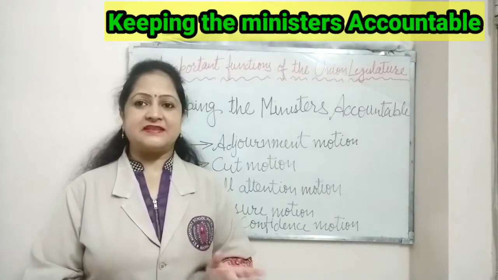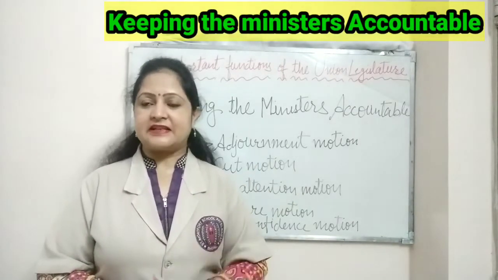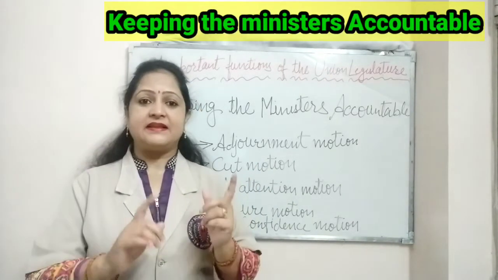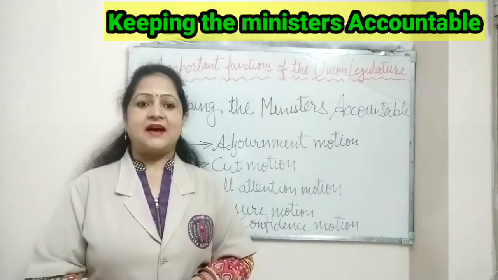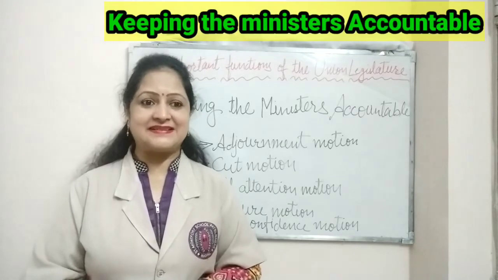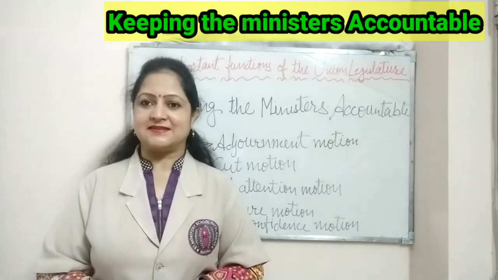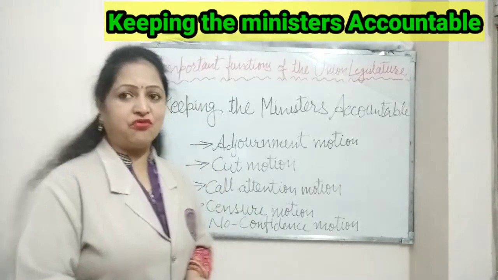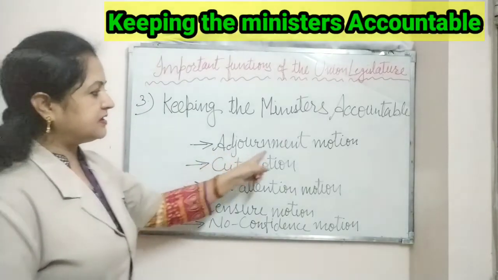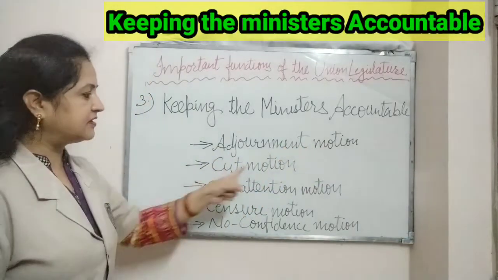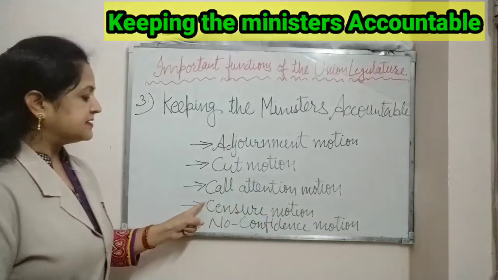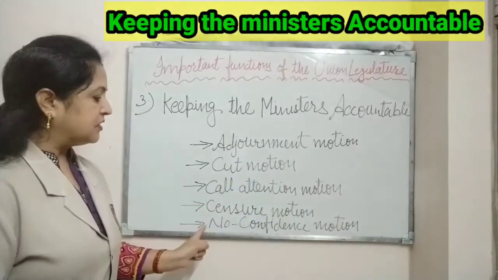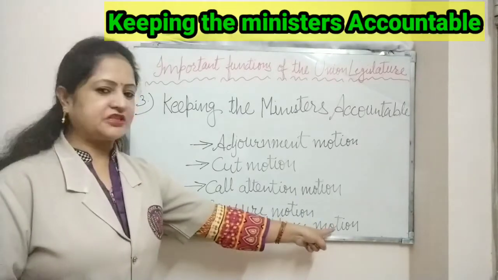If the ministers fail to satisfy the MPs with their answers, the Lok Sabha may pass a vote of no confidence against ministers. The MPs can move adjournment motion, cut motion, call attention motion, censure motion, and no confidence motion.